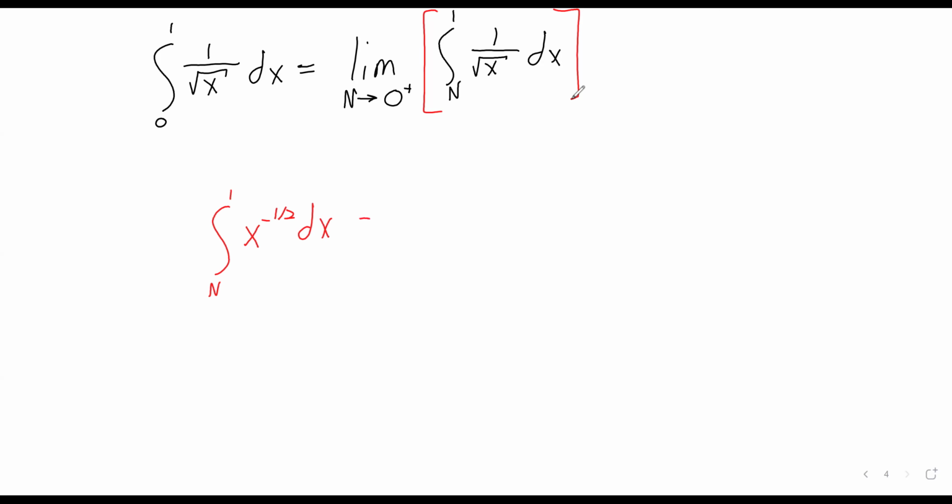We bump the power up by 1. We divide by the new power. We're evaluating from n to 1. So we plug 1 in there, we get 2. We plug n in there, we get 2 times n to the 1/2.